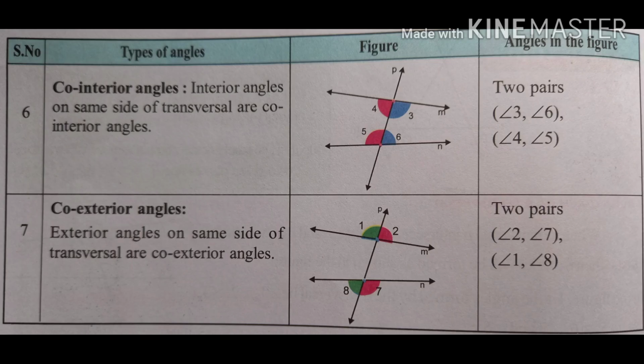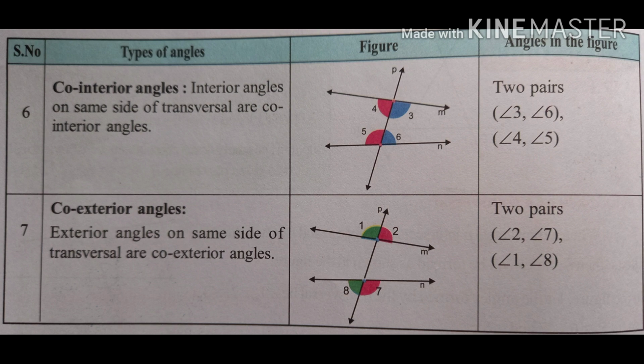Sixth one, interior angles on the same side of the transversal are called co-interior angles. These are also two pairs, angle 4 and angle 5.